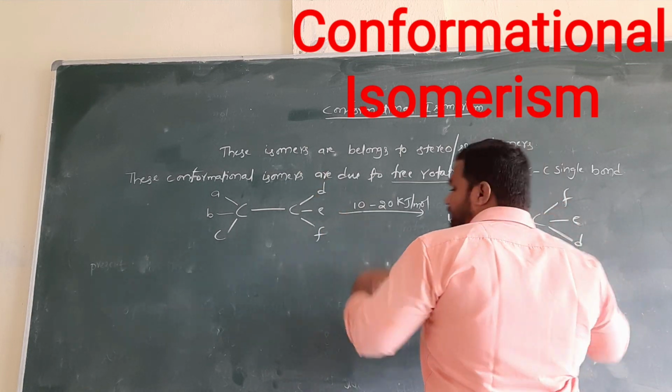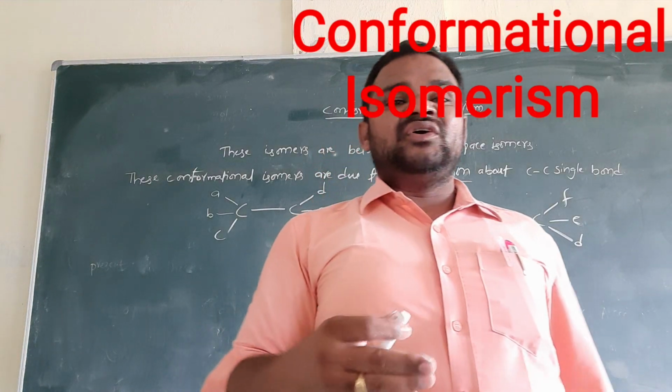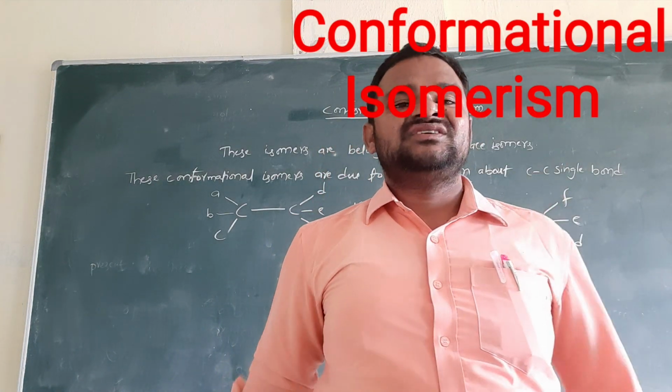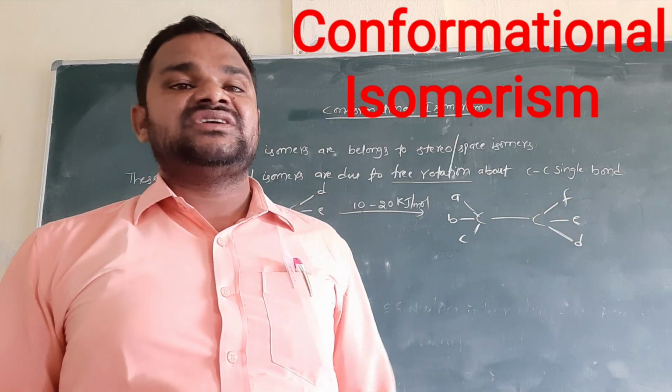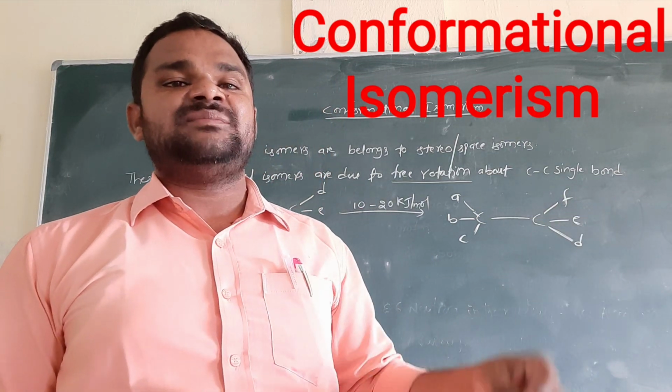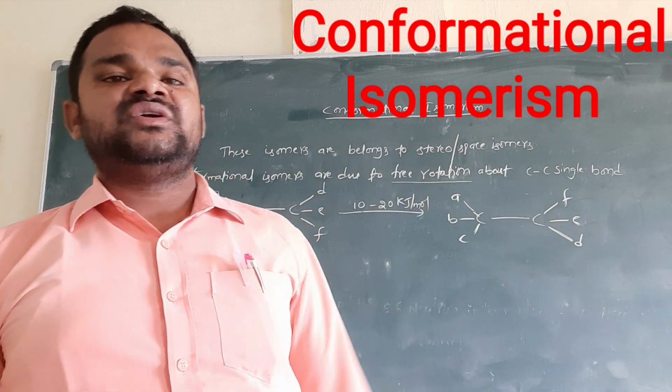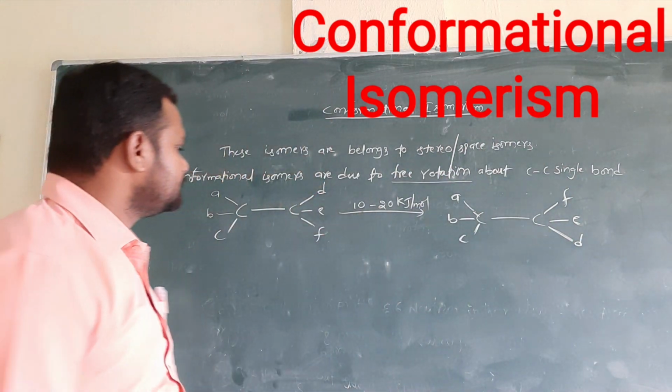It means the bond energy barrier is just 10 to 20 kilojoule per mole, which is all that is absorbed for the rotation of a single bond.